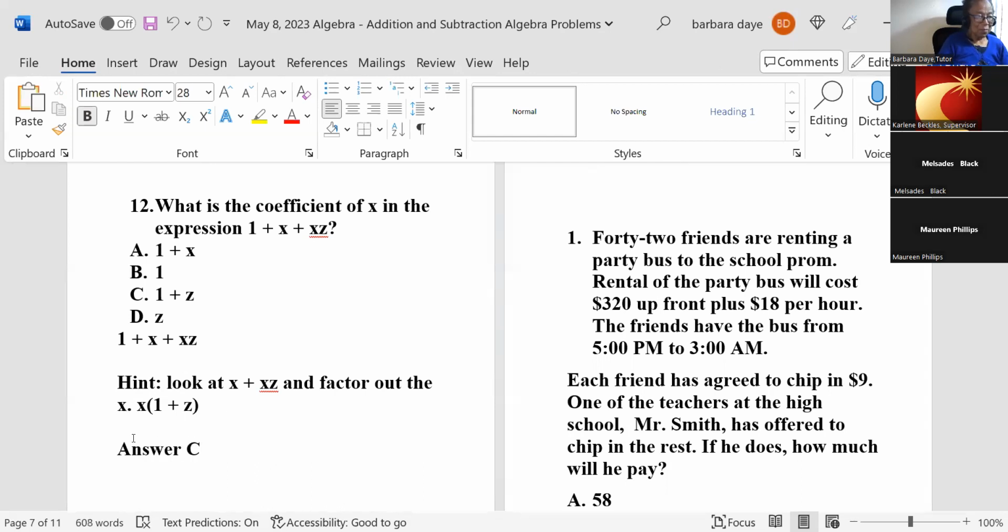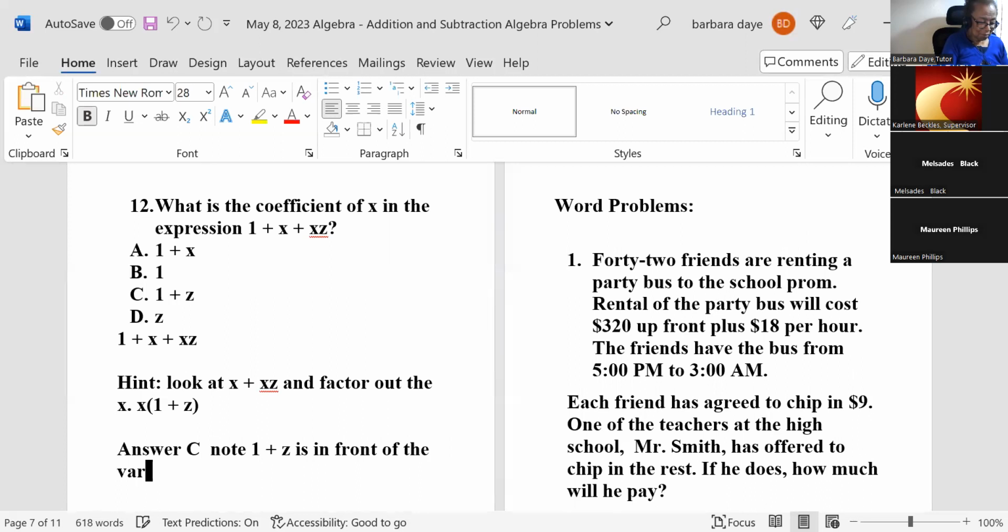Oh, that's why she said factor out the x. Yeah, the answer is C. I chose two answers, C and B. C is right. Oh boy, but you won't win in the exam, so you choose one. So 1 plus z is in front of the x, the coefficient, right?